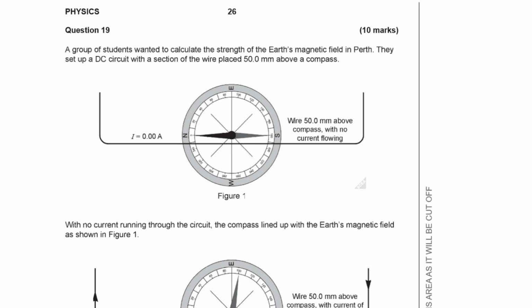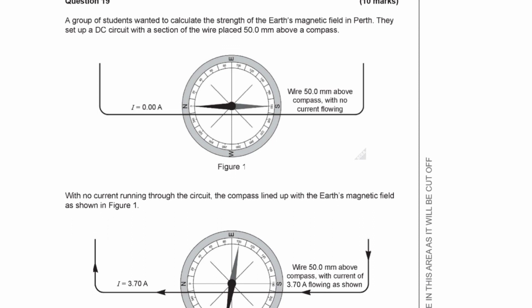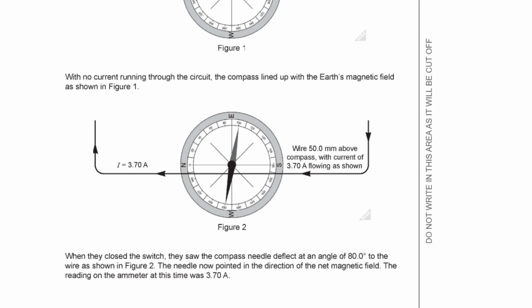So the diagram isn't particularly helpful in the way that it has north on the left-hand side, but what you've got is a needle here, and this needle will turn because you're going to create a magnetic field that wraps around like that as the current goes through it. And after that happens, the compass is detecting both the Earth's magnetic field, or the horizontal component of that field, as well as the magnetic field generated by the conductor.